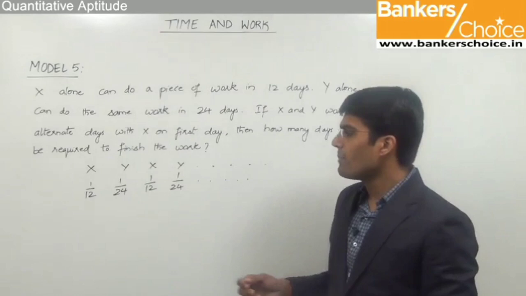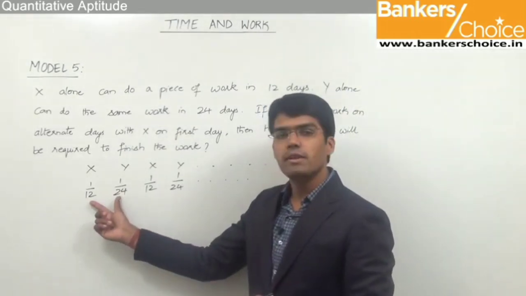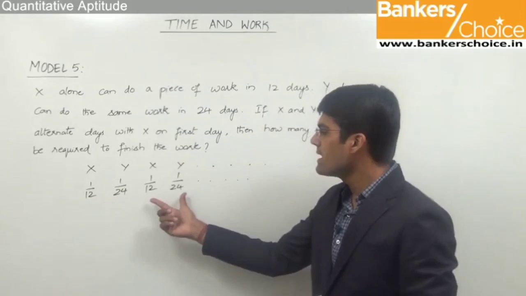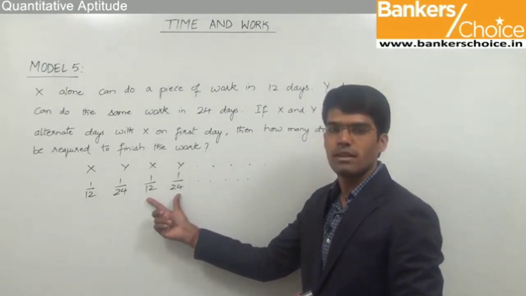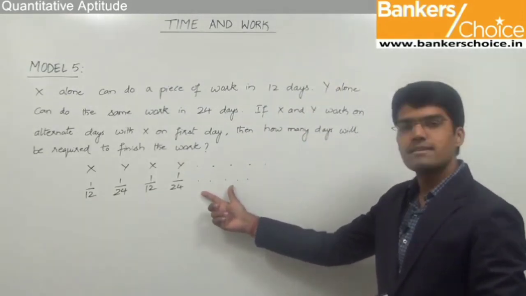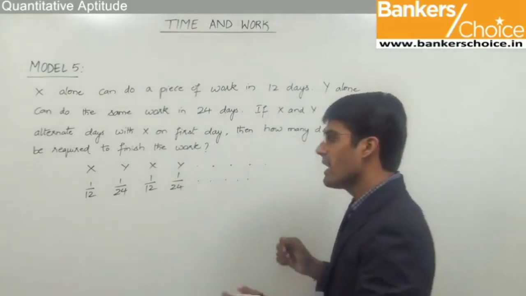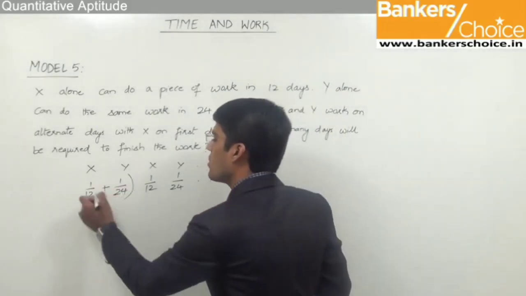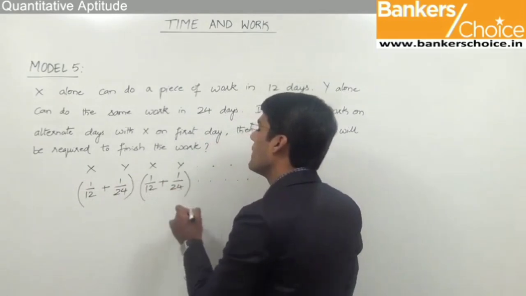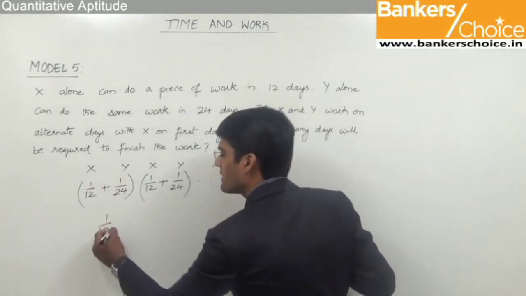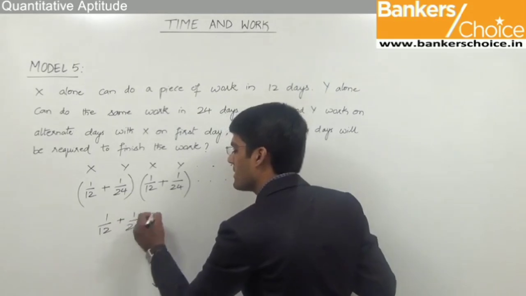Now if you observe, the pattern here is of every 2 days. That means the work which is done in the first 2 days is same as the work done on third and fourth day, and which is again same as the work done on fifth and sixth day, and so on. So let us now understand how much work gets over in every pair of 2 days. On the first 2 days the work that is over is 1 by 12 plus 1 by 24.